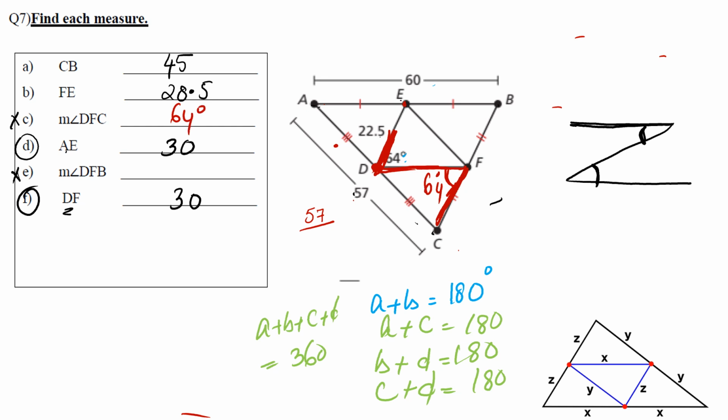Now DFB. So where is DFB? This is D, this is F, and this is B. It means they are trying to ask about this angle. And we just said that if something is making the U like this, the sum of these two angles is equal to 180 degree.